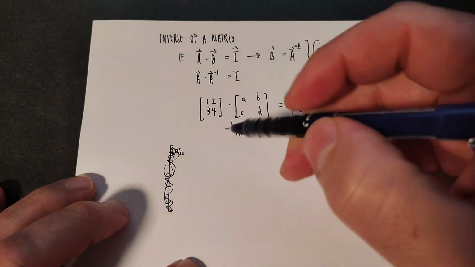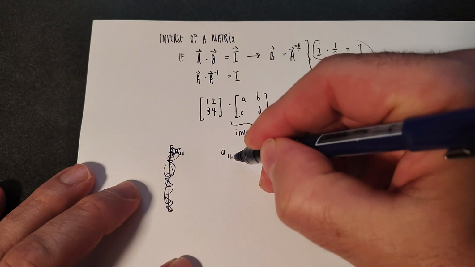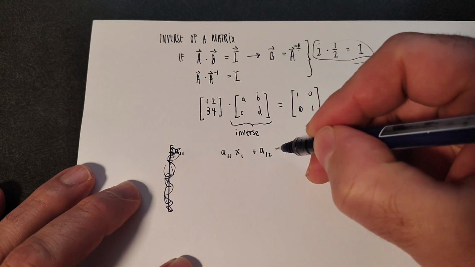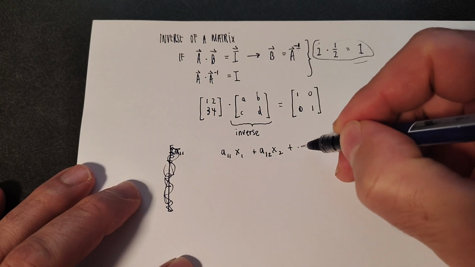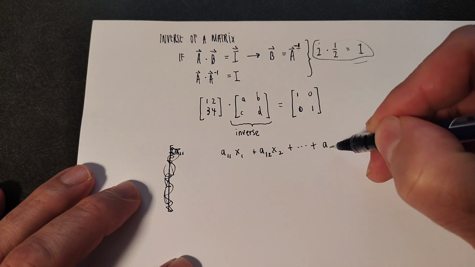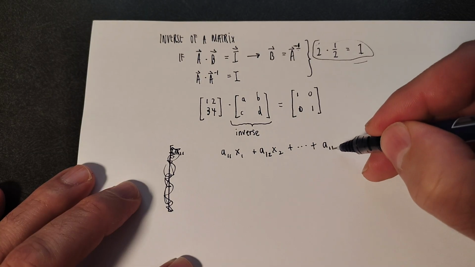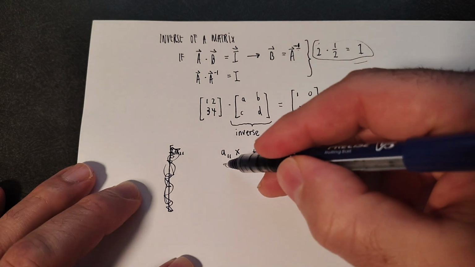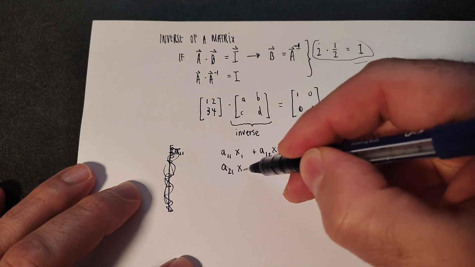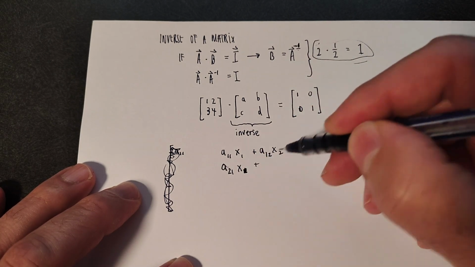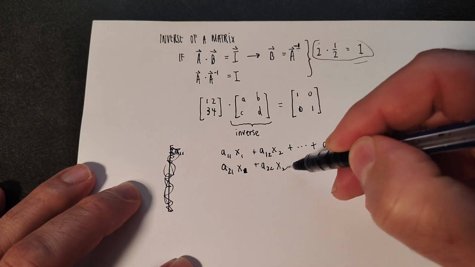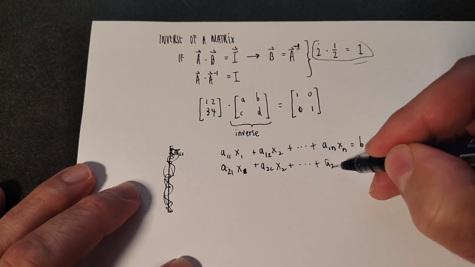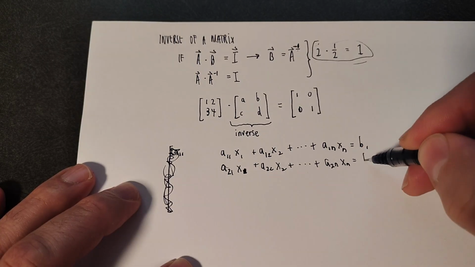Before we put it into matrix notation, we did this in the last video where we had a1,1 times x1 plus a1,2 times x2 plus a1n times xn, that's equal to b1. And then we had a2,1 x1 plus a2,2 x2 plus a2n xn equals b2.